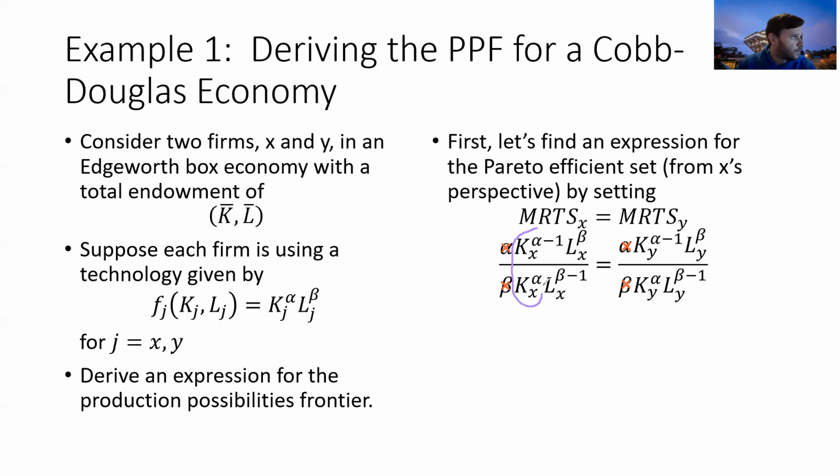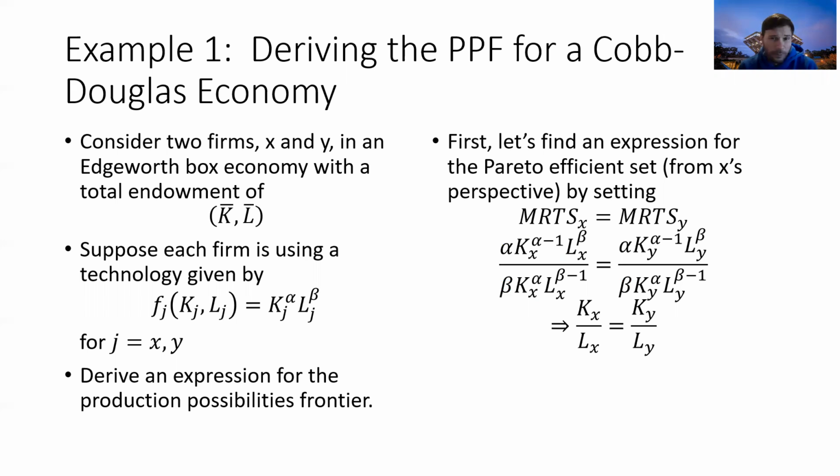This is going to leave us with a K in the bottom, an L in the top. Okay, here we're going to have again a KY in the bottom, an LY in the top. And then I think in my next slide, I actually take the reciprocal of all that. So we got KX over LX equals KY over LY is implied by that tangency condition.